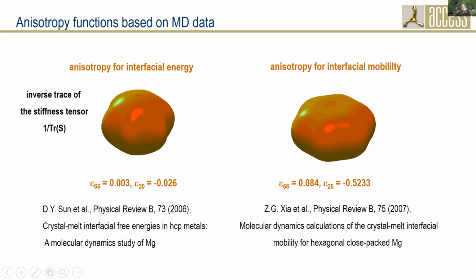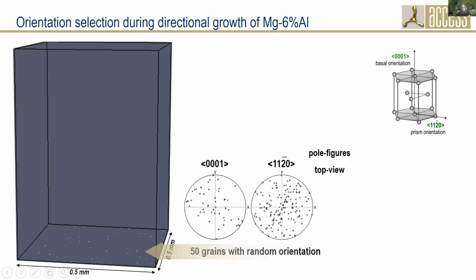So to illustrate this function, one can instead plot the inverse trace of the stiffness tensor. This shows 6 maxima in the hexagonal basal plane. We also had another paper giving the interfacial mobility and its anisotropy, which we could directly use, and we used this in our model.